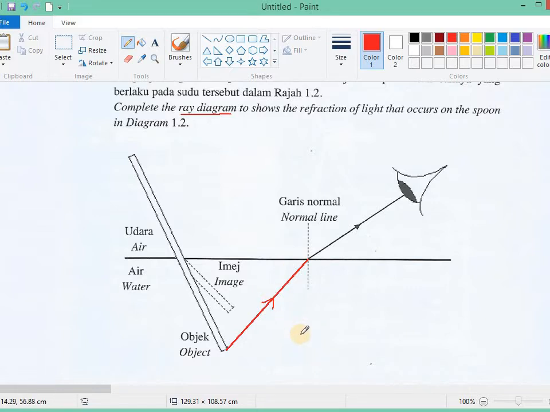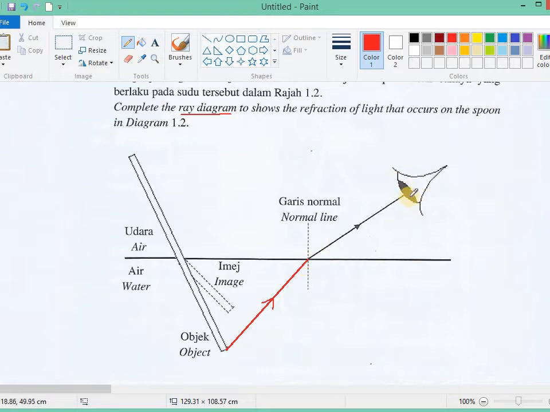Usually in a ray diagram, the mistake that a lot of students make is that they forget to draw the arrow to show direction. Next, you need to draw the line that shows where the image appears to be. Because the light goes from water to air, the speed of light will increase, so the light will refract away from the normal, and go into the eye like this.